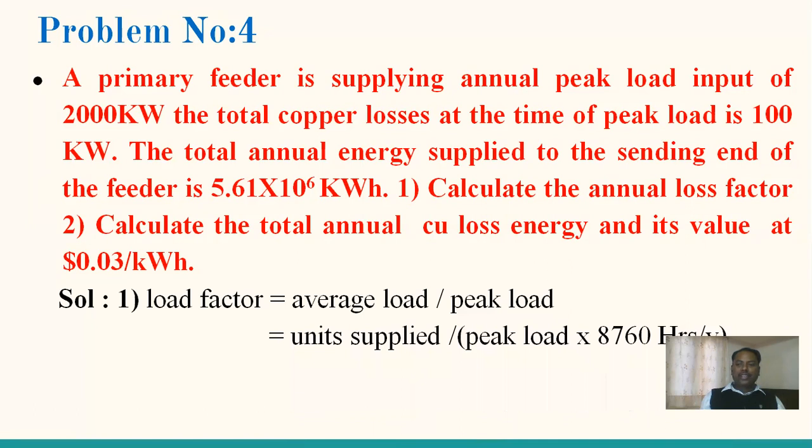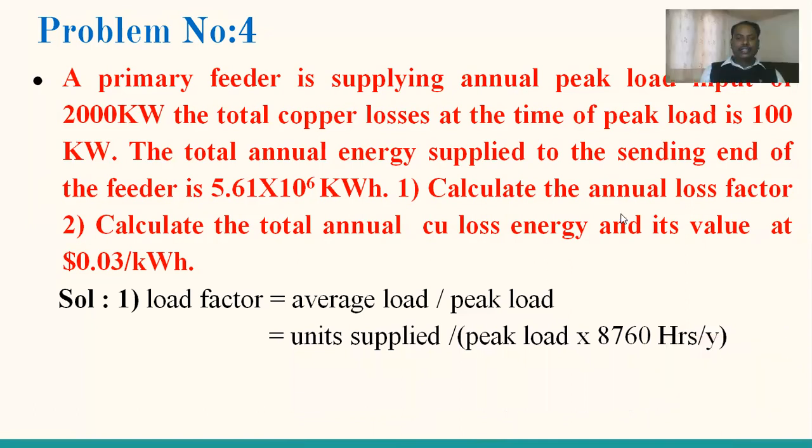Load factor can be written as units supplied divided by 8760 hours per year, divided by peak load. Average load is units supplied by time, and peak load is already there. So this formula can be written as units supplied divided by time and by peak load. There is nothing wrong in writing it like this.